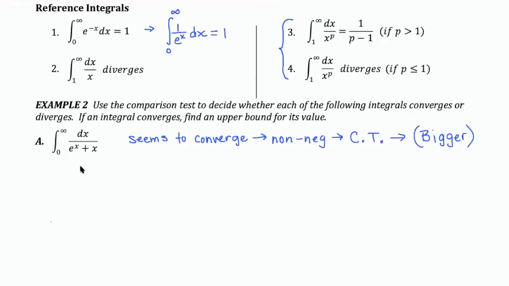So to begin with this one, I want to isolate the denominator and think about what I can compare that to. So I'm looking at e to the x plus x, and I'd like to compare it to just plain e to the x. So what's the relationship there?